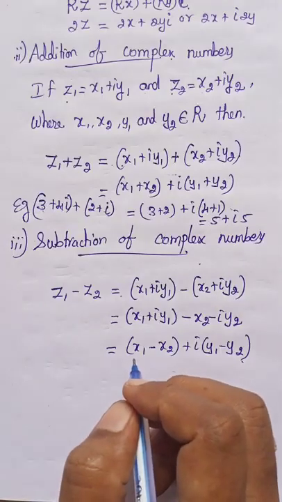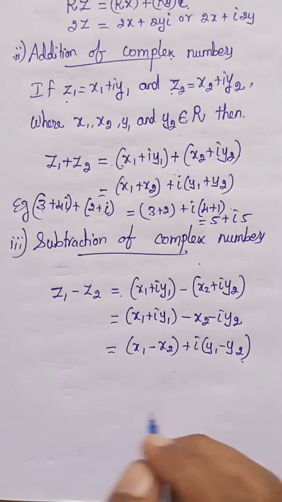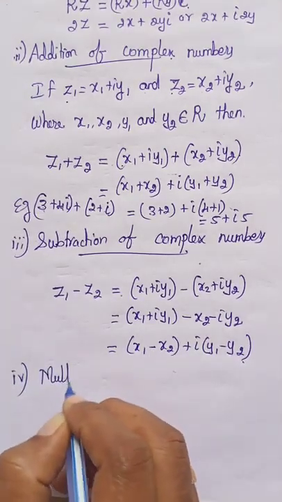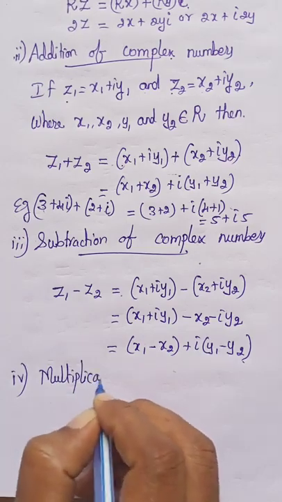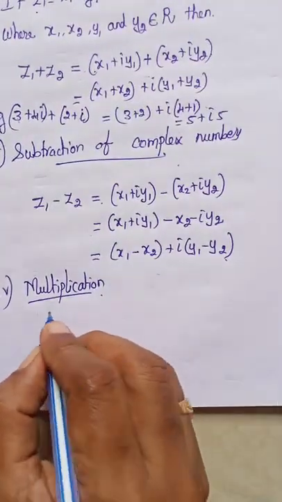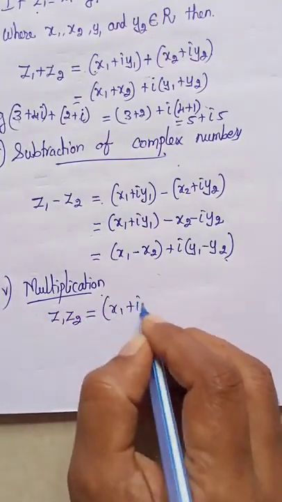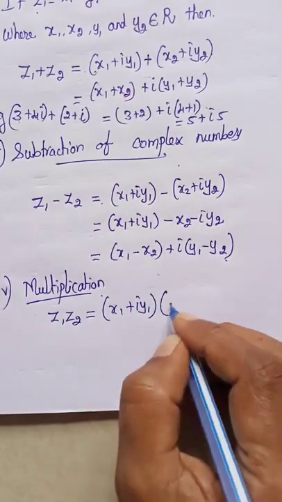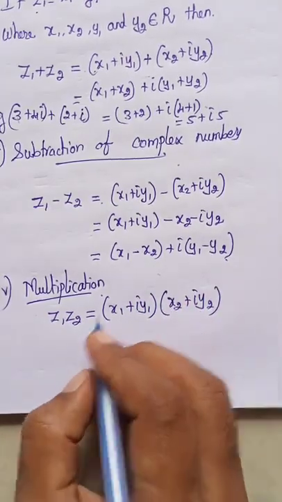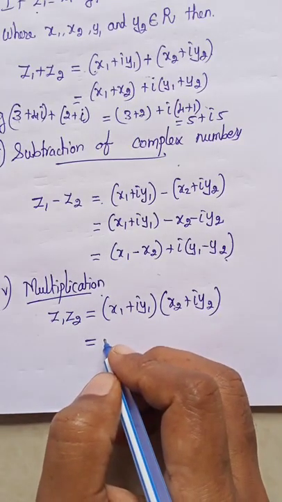This also we can draw in the Argand diagram and check it. Okay. Now the fourth one is multiplication. Multiplication of complex numbers, that is z1 into z2 is equal to x1 plus iy1 into x2 plus i y2. See, ordinary multiplication only.